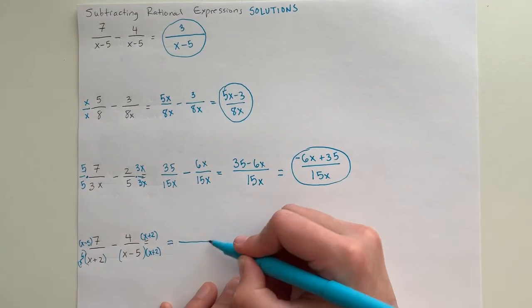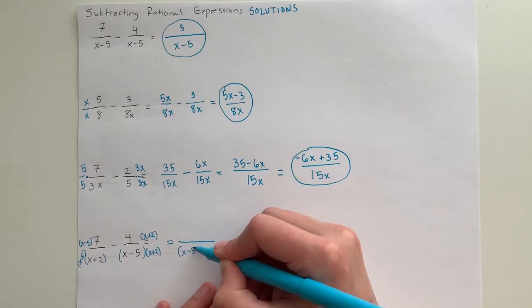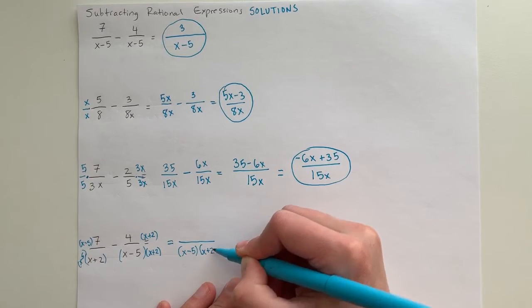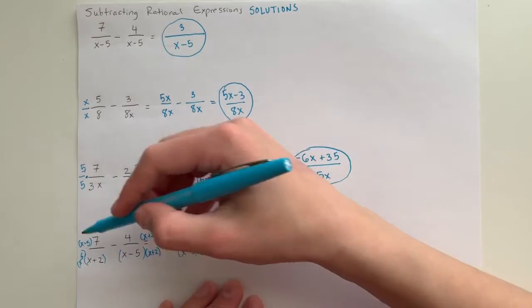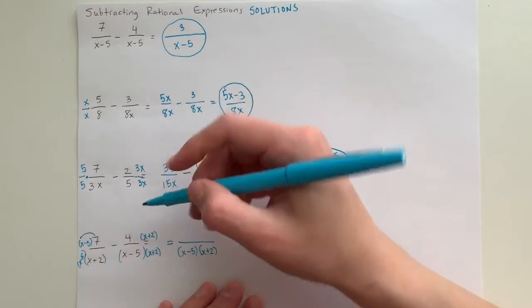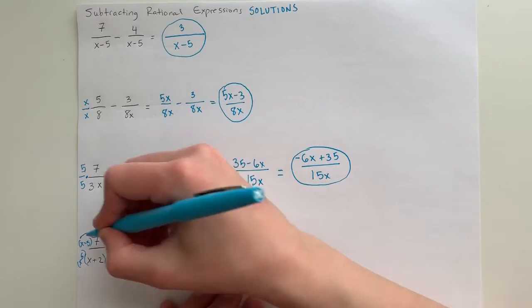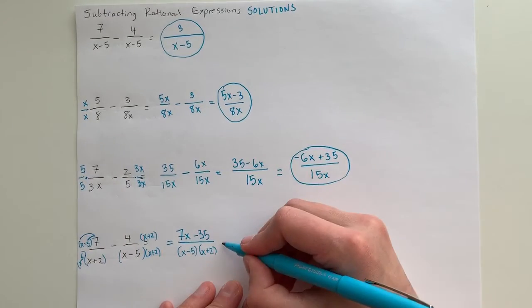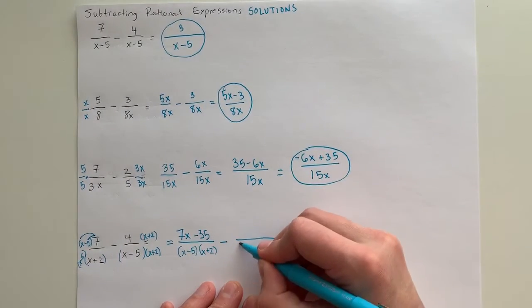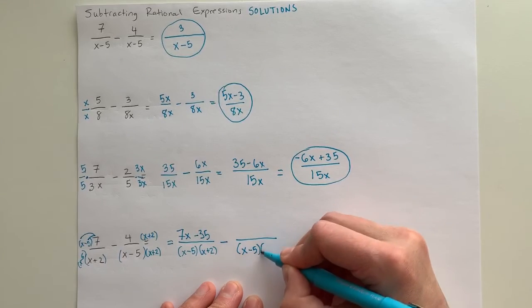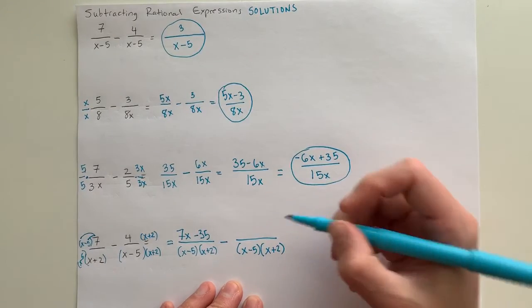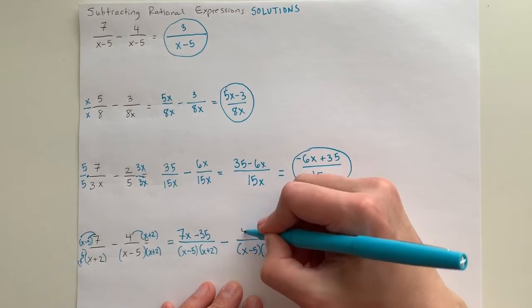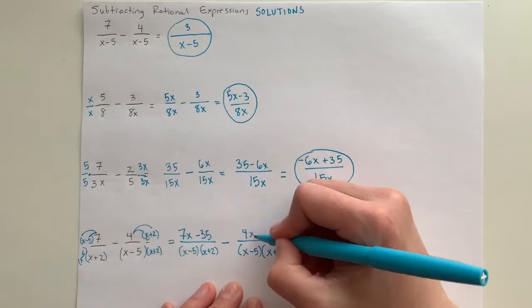So my common denominator now is going to be x minus 5 times x plus 2. Let's distribute our numerator. I have a 7x, take away 35. All right, and then in the second fraction, my same denominator, x minus 5, x plus 2. We've got a 4x plus 8.